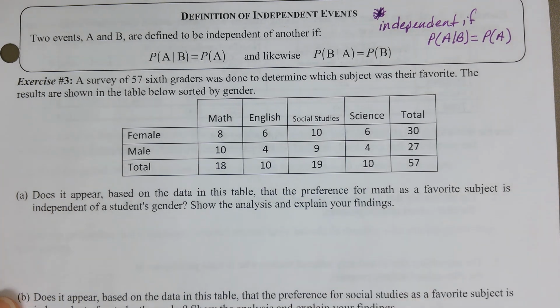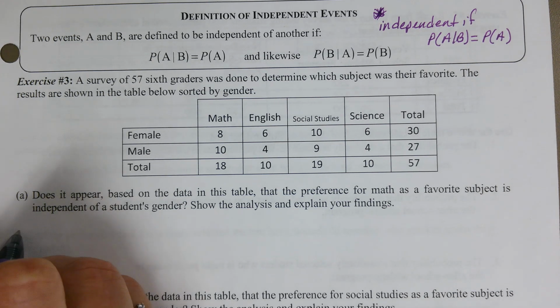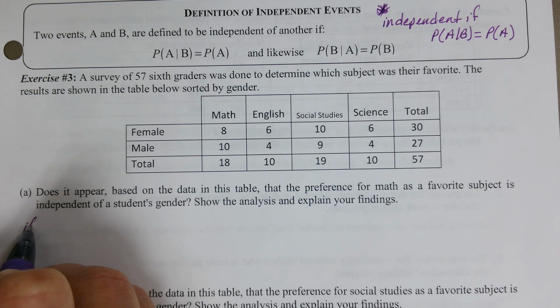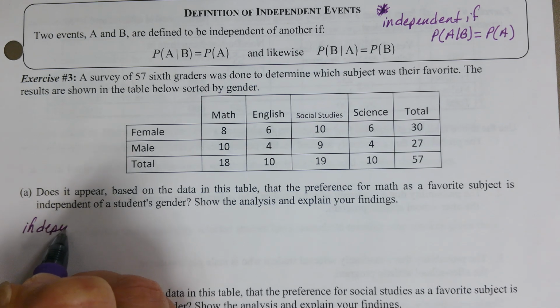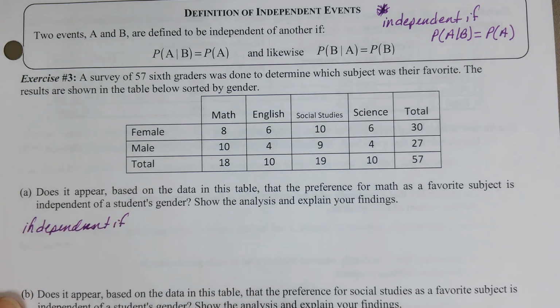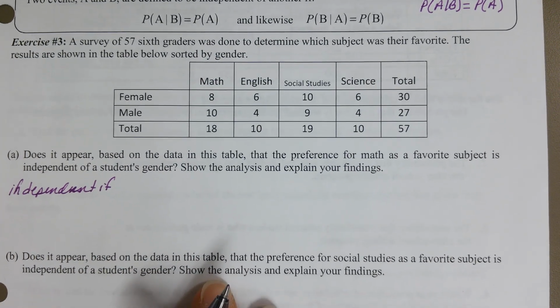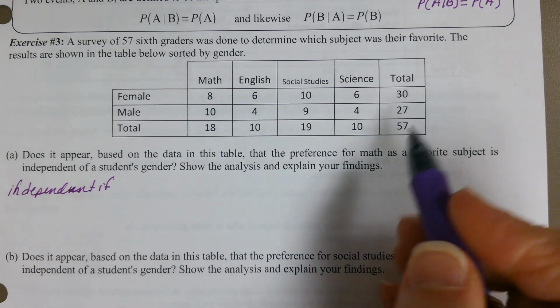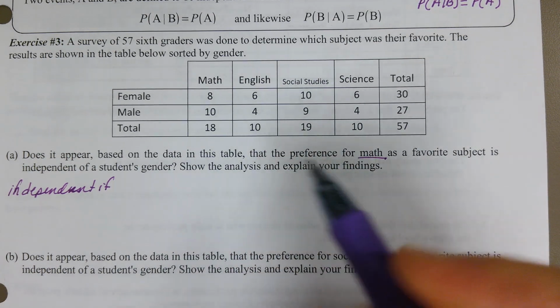Okay, so if we're testing for independence, we say independent if. And I can choose, we want math and students' gender.